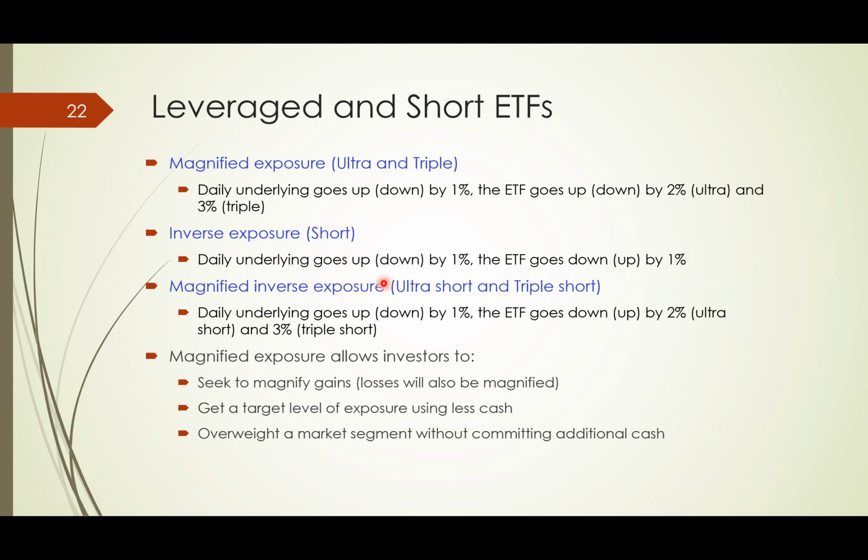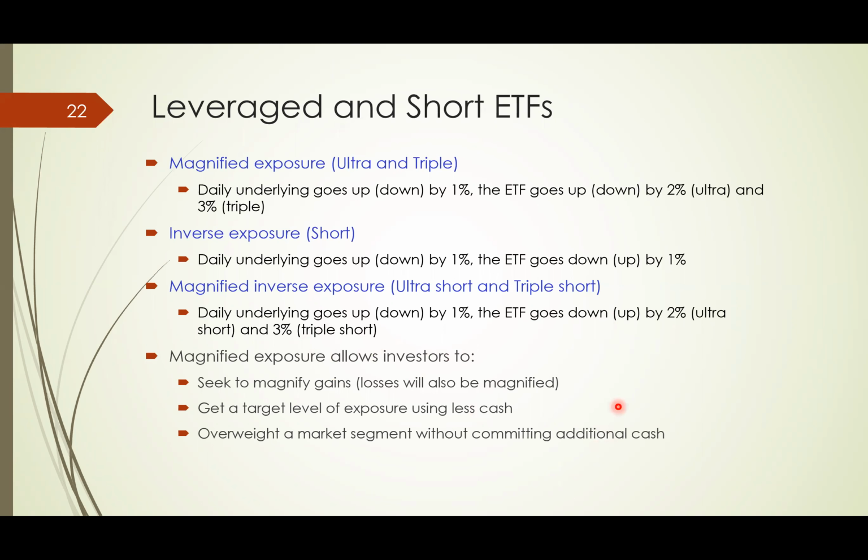We also have magnified inverse exposure ETFs, which are called ultra short or triple short ETFs. When the underlying goes up by 1%, the ultra short ETF will go down by 2%, and the triple short ETF will go down by 3%, and vice versa. The magnified ETFs allow investors to implicitly use leverage to magnify their gains and losses.